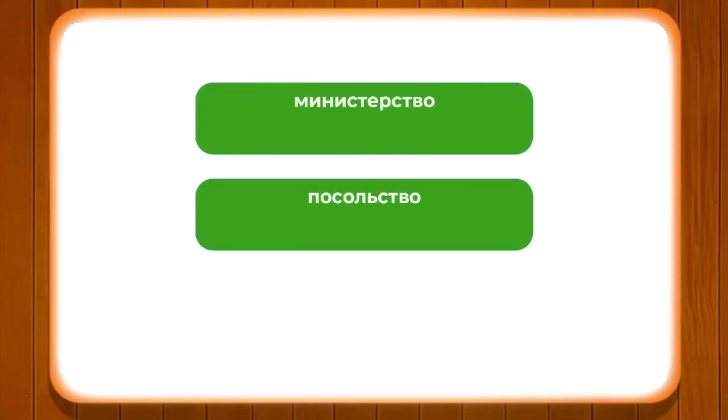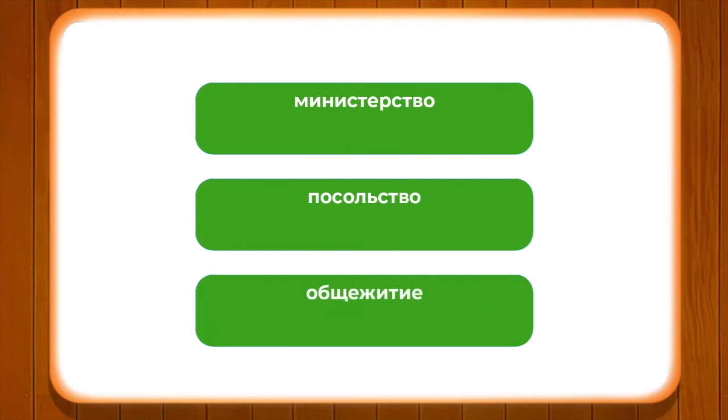Alright, the next set of sentences will show how the other forms of such nouns change. Here you can see that if we have neuter gender nouns like министерство, посольство or общежитие, they remain the same. Министерство means ministry, посольство means embassy, общежитие we know means hostel.